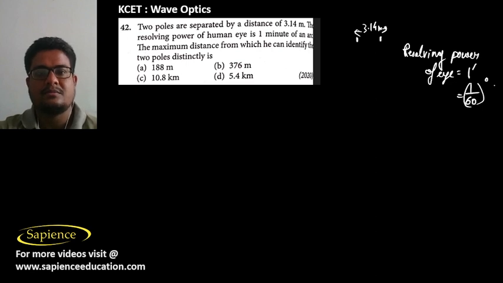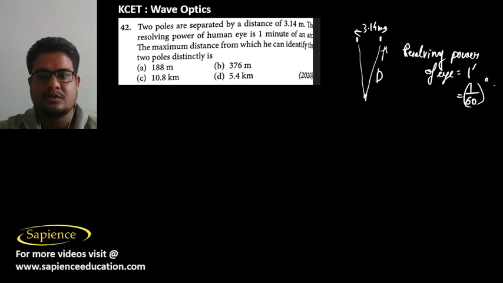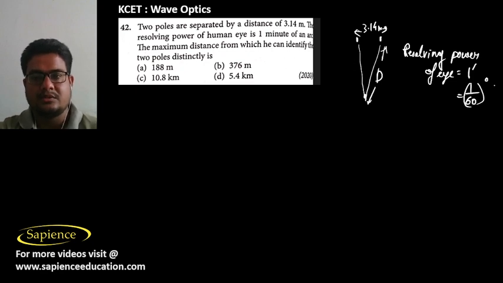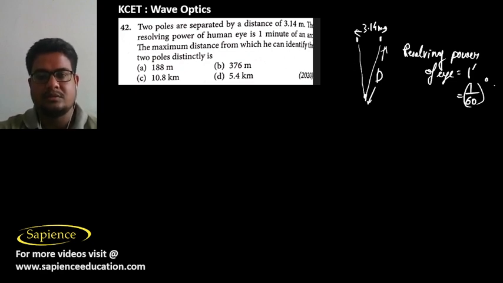The maximum distance d from which he can identify the two poles distinctly is. So this d we have to find.